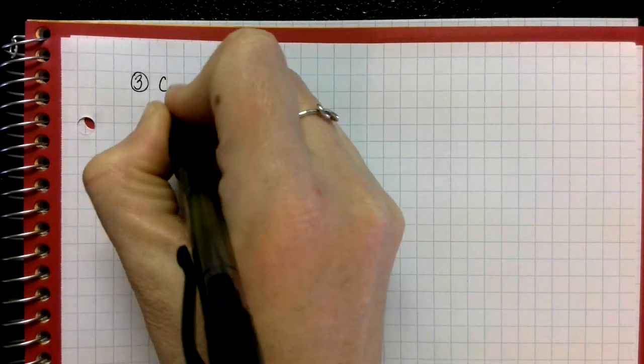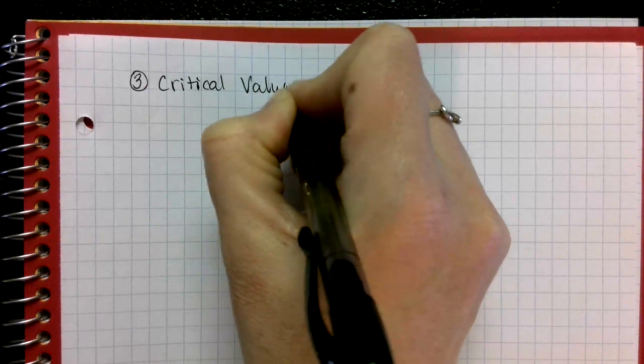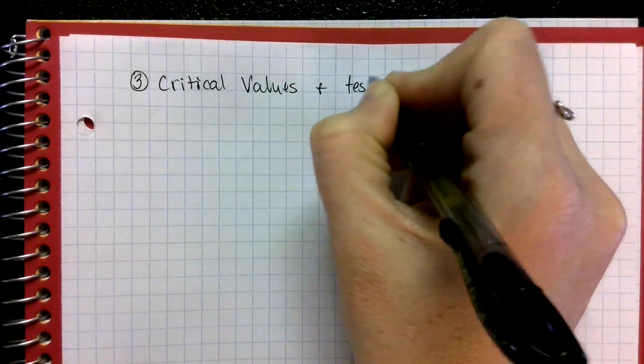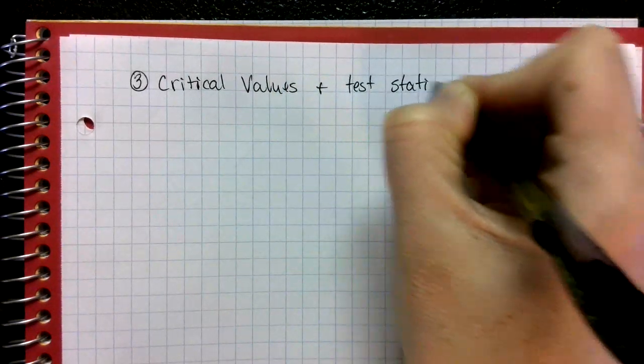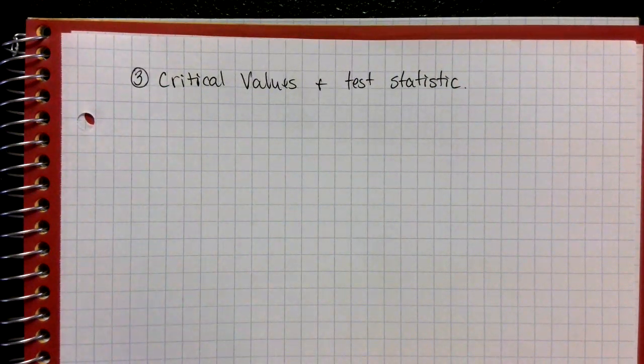Okay, guys, so for the next one, we're going to talk about step 3, which is your critical values and test statistic. Your critical values and test statistic are one of basically 3 ways that we make a decision with a hypothesis test.